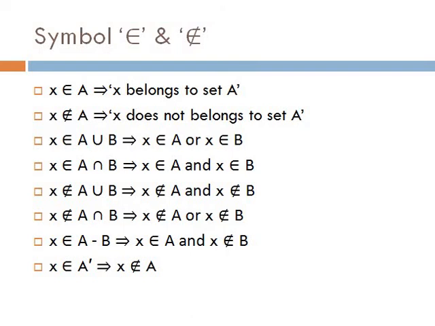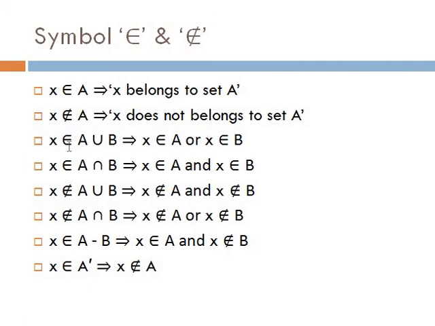Now some representation, some meaning of belongs to and not belongs to. The first symbol is X belongs to A, and the second symbol is X does not belong to set A. Now if X belongs to A union B, what does that imply?